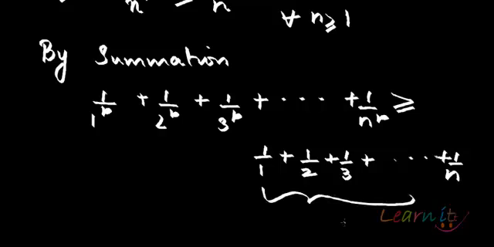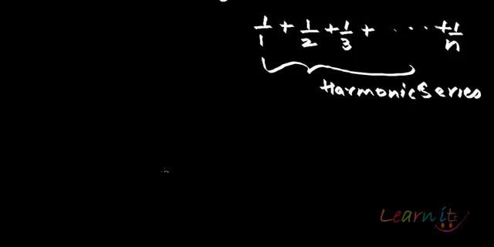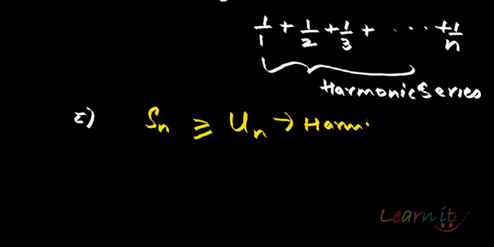And this is, as I've mentioned earlier, the harmonic series, which is divergent. So what we have essentially is that Sn is greater than or equal to some un, and this un essentially is harmonic. Therefore this un is unbounded.